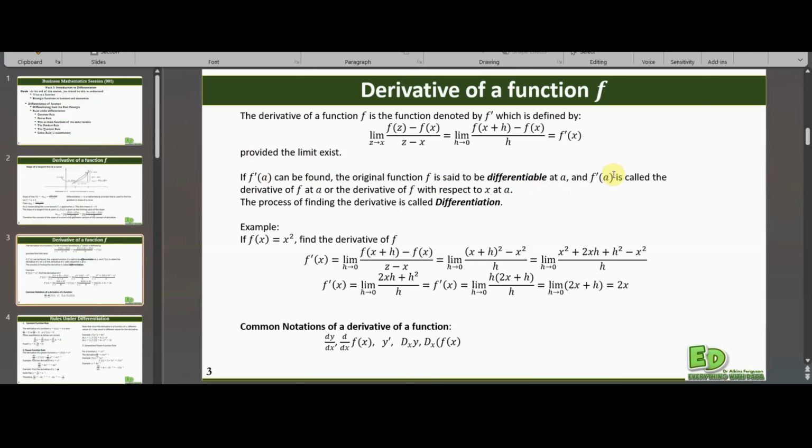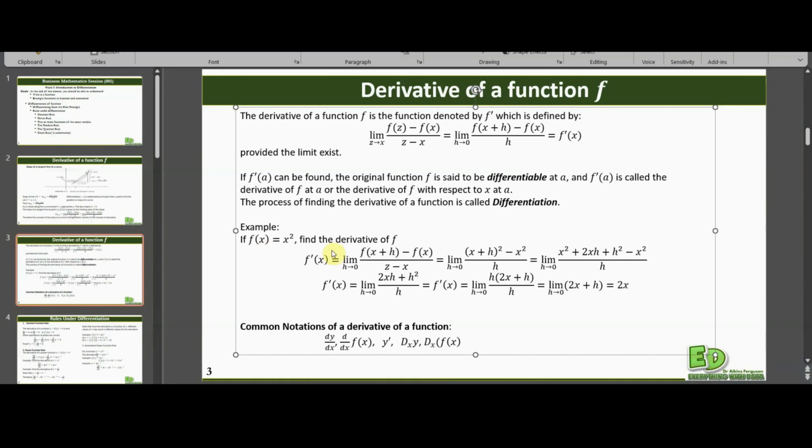Okay, and f prime of a is called the derivative of f at a, or the derivative of f with respect to x at a. Note, the process of finding the derivative of a function is called differentiation, right?